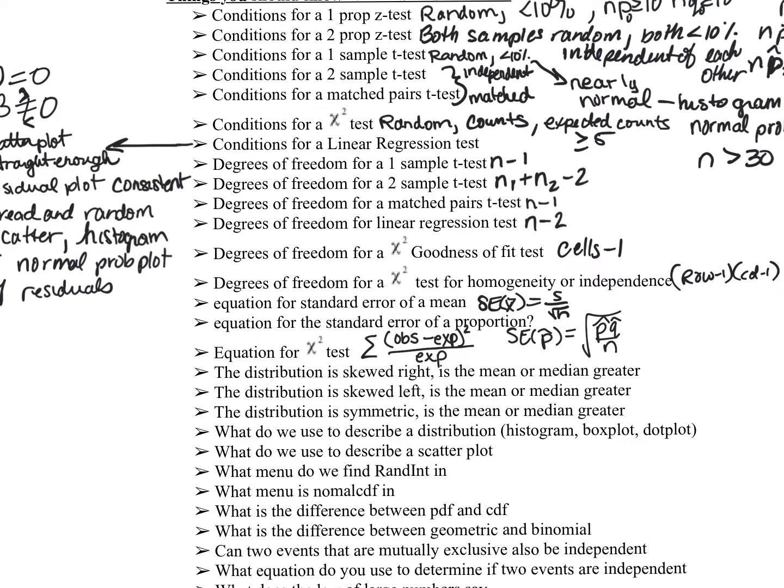That one is also on the sheet. So it's the sum of the observed minus the expected squared divided by expected. And then you have to have it plugged in. I would imagine you'd have something like that.